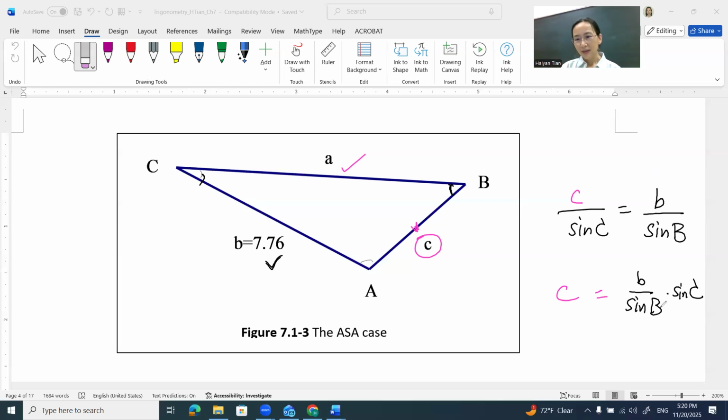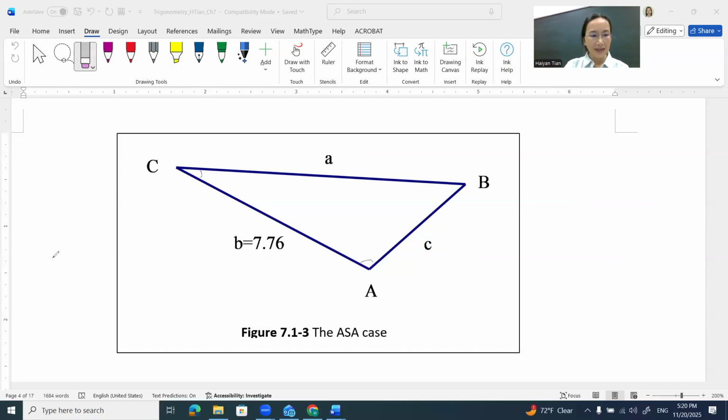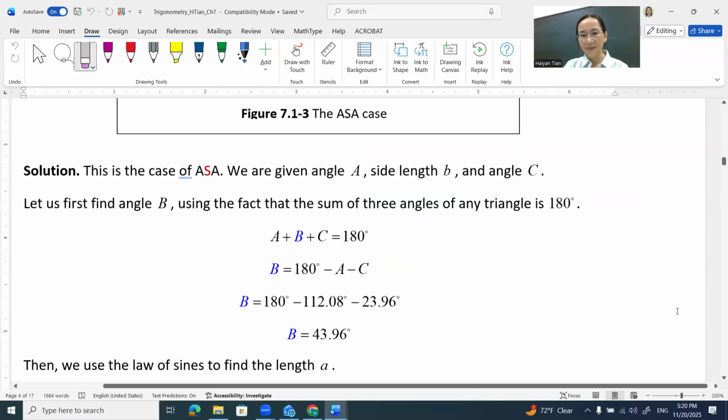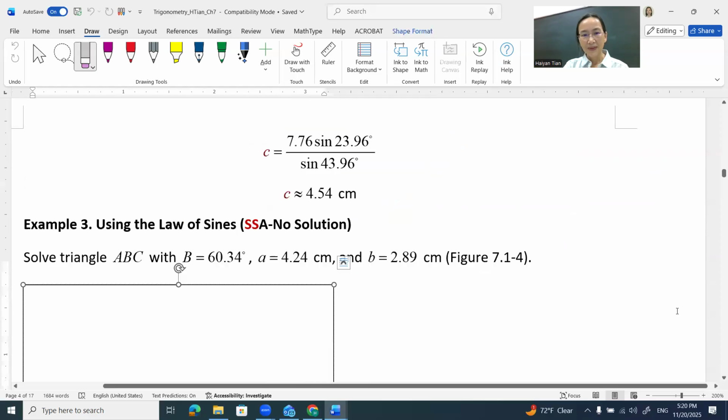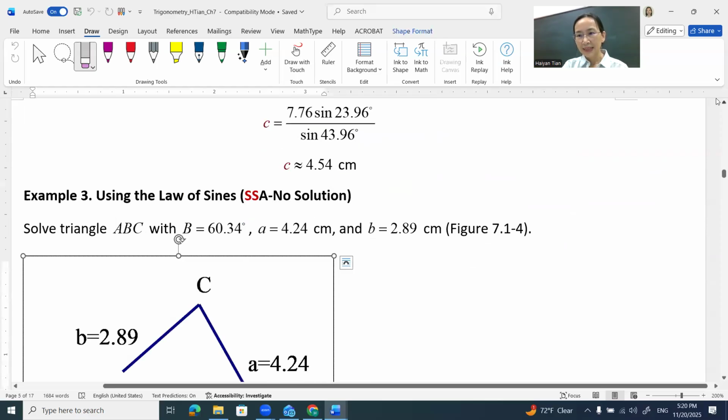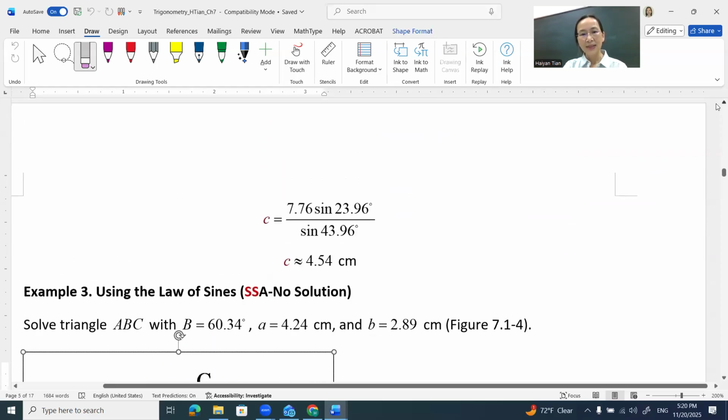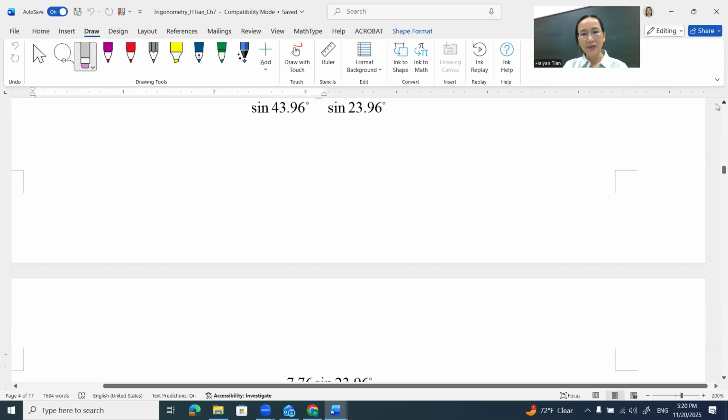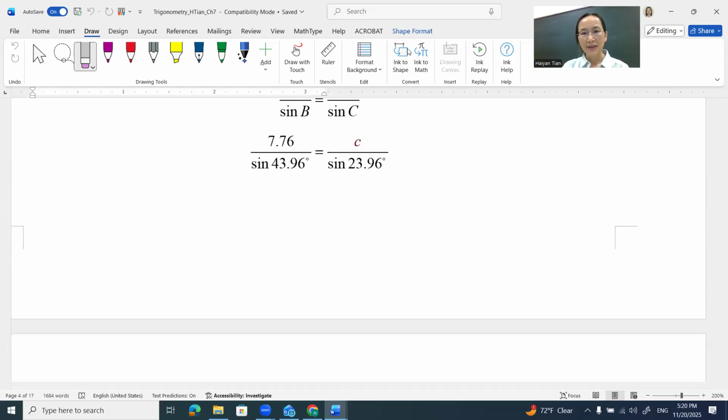So then we can find c. That's the side length c. That is solving that equation. See, this is the equation.